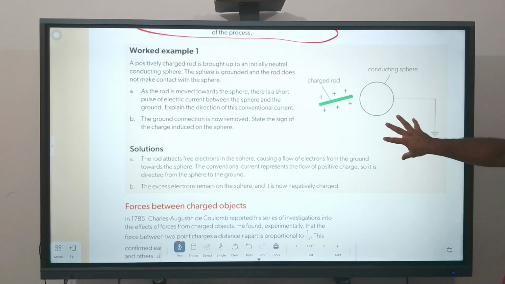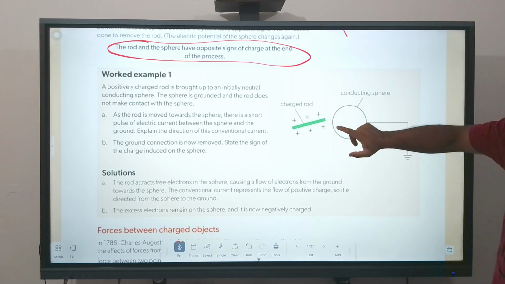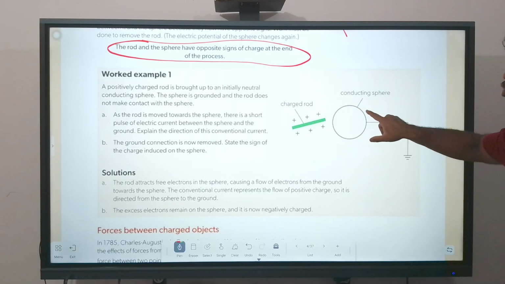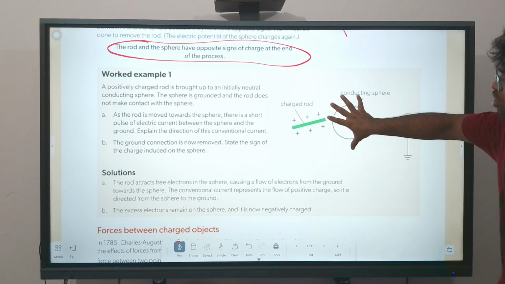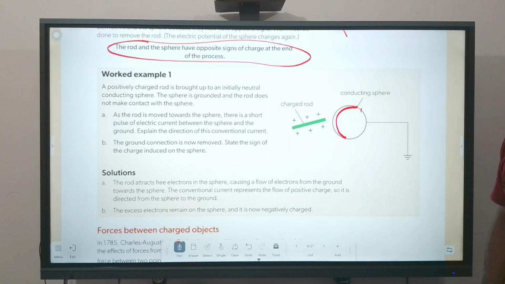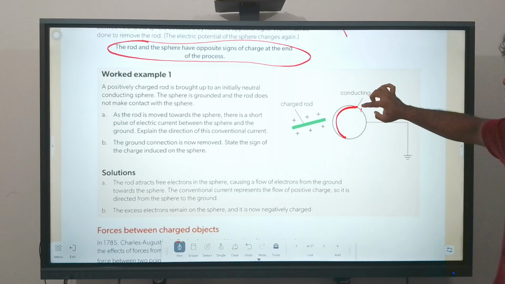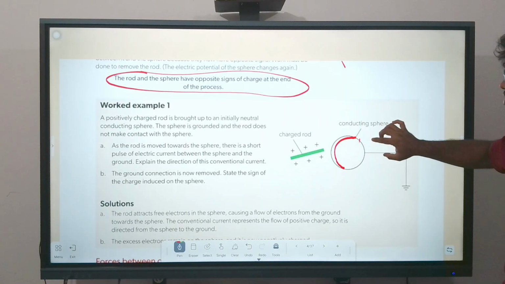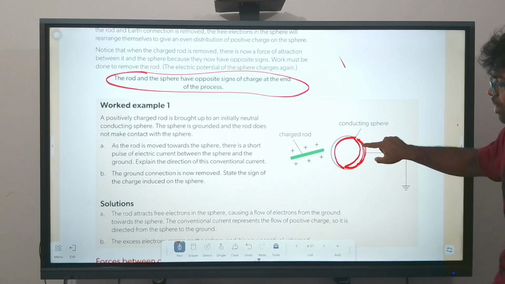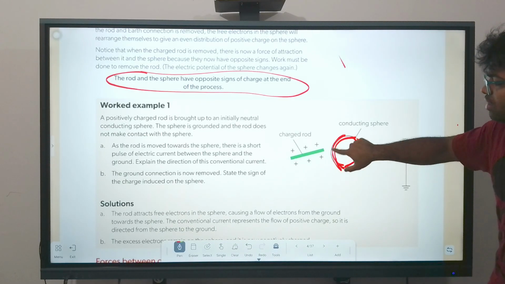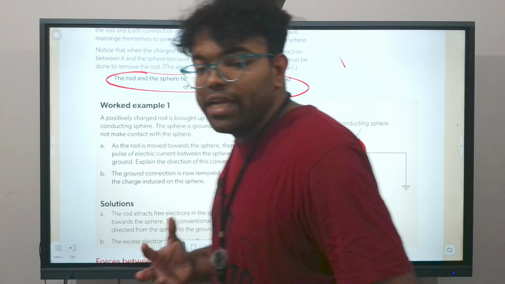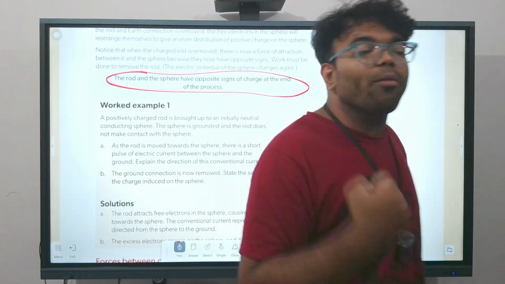Now, what was happening here? When you were bringing this positively charged rod to this conducting sphere, the electrons that were present in the sphere got concentrated on this side of the sphere, and the positive charge was concentrated on the other side. So, the Earth being a ground, it can either supply electrons or absorb electrons.